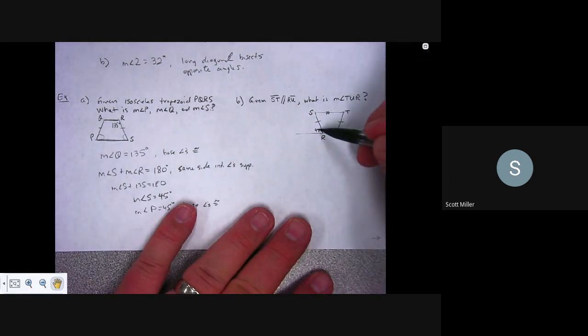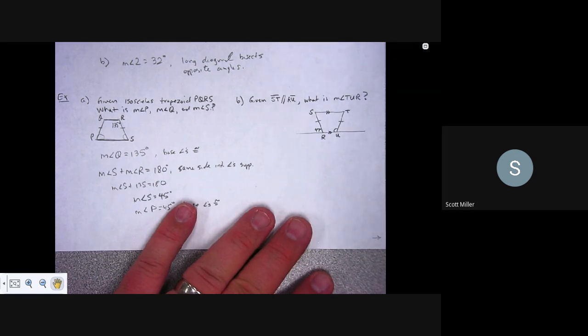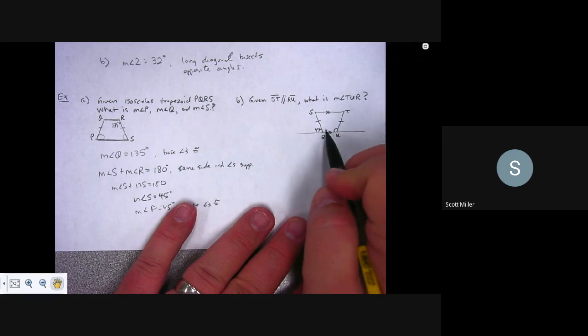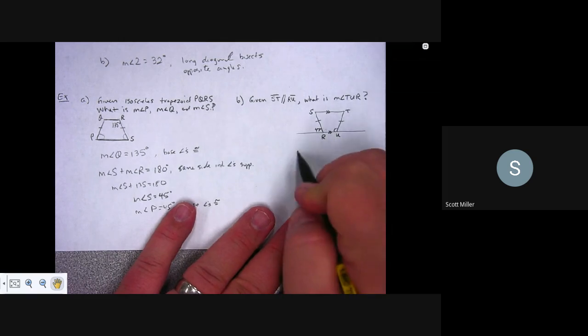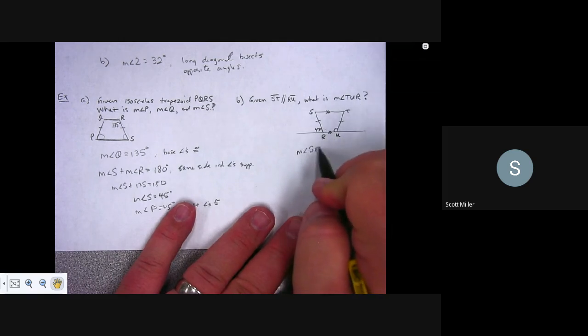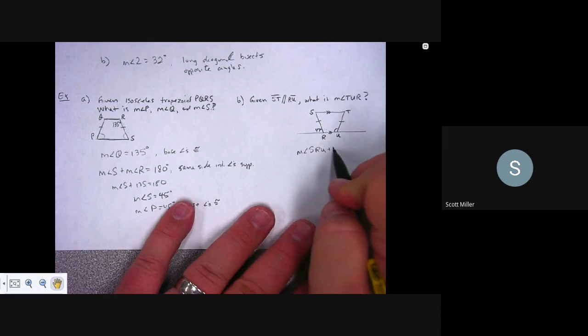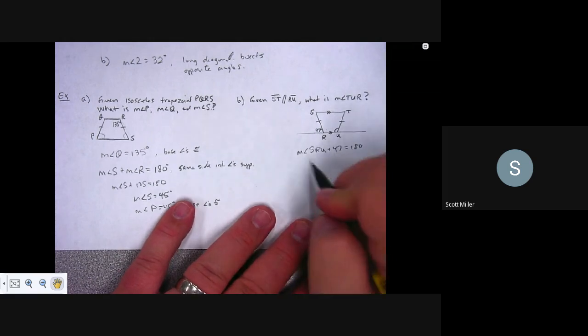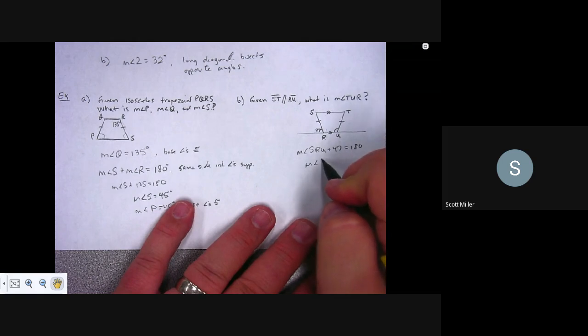And I know that this angle out here, this exterior angle, is 47 degrees. So what do I know? Well, because this is 47, I know that it is supplementary with this side right here. So the measure of angle SRU plus 47 must be 180. So the measurement of angle SRU must be equal to 133 degrees.